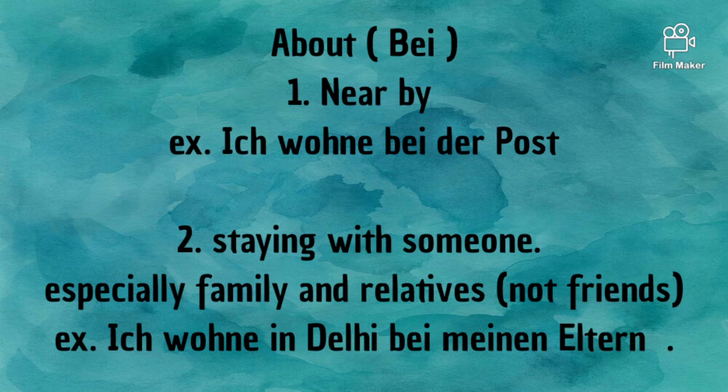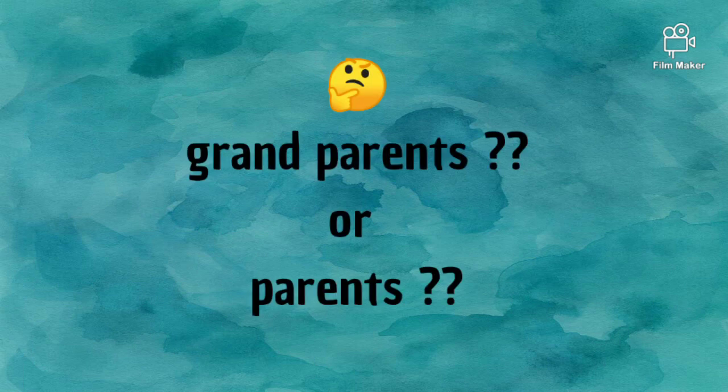So the example is Ich wohne in Delhi bei meinen Eltern, means I live in Delhi with my parents. In German we talk about Eltern, so you might be confused whether it is grandparents or parents.